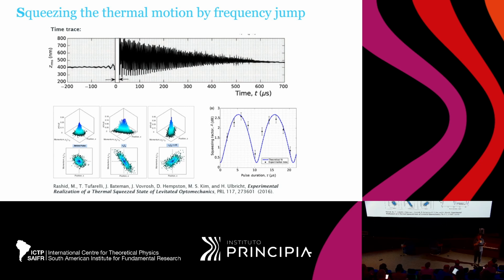So you go to a shallow trap, then after 1/4 of an oscillation period, you switch back to a deep trap.